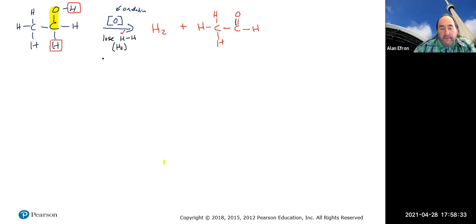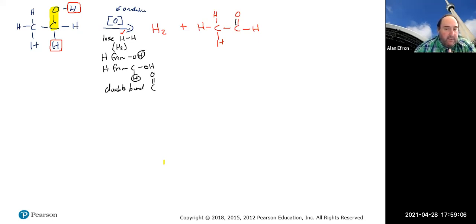So we basically take off a hydrogen from the OH group. We take off a hydrogen from the carbon that has the OH group. And then we put a double bond between the carbon and the oxygen. And everything else remains the same. As we talked about, there really is only one part of these molecules that changes, and that's the only part you should adjust.